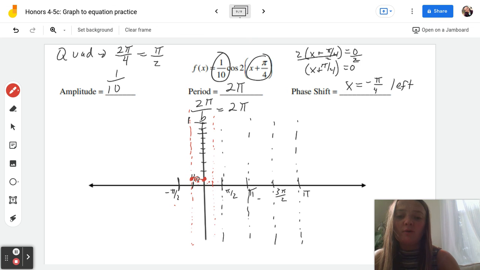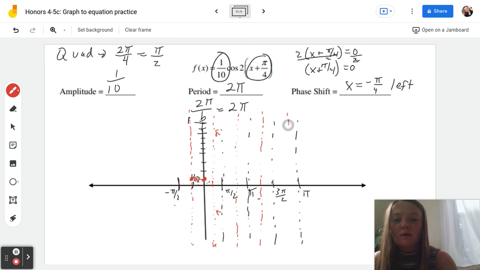So basically all of the quadrant lines are getting shifted to the left pi over 4. Okay, so I'm really just going to focus on the red quadrant lines now.